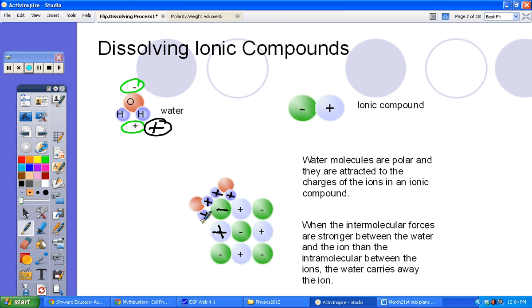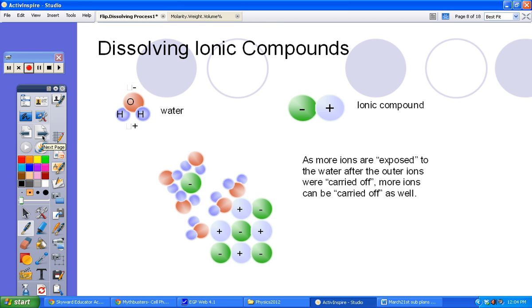So this could be salt, for example. In salt, we would have Cl minus, chlorine, and sodium, Na+. The water molecules actually grab onto those, and they start pulling it apart, and they carry it off into the solution. That's what you see when you pour salt into water, as an example.